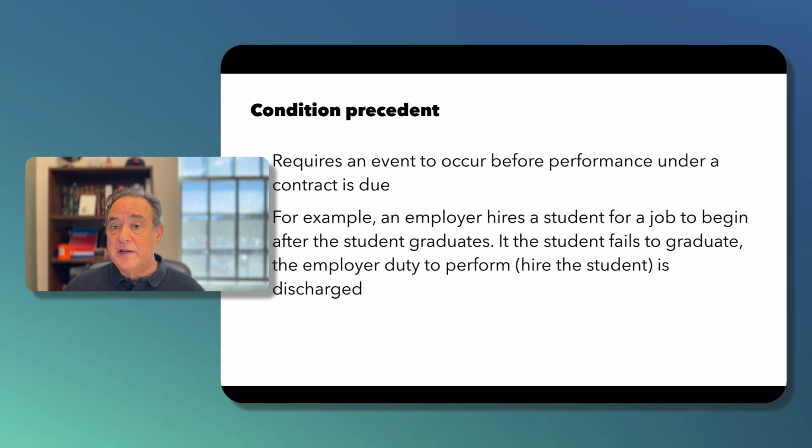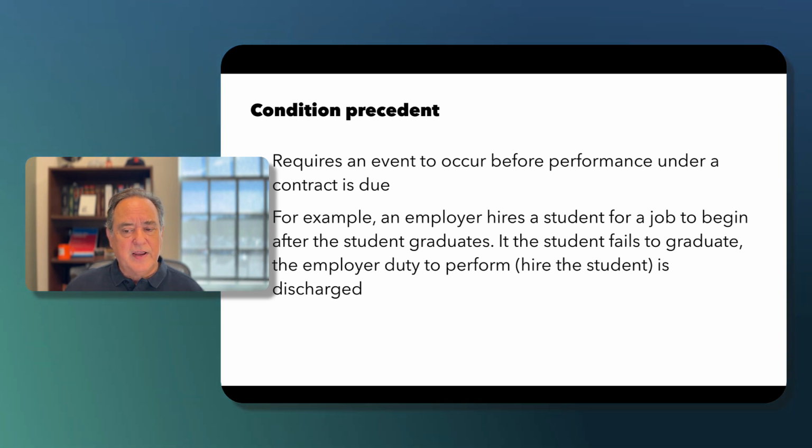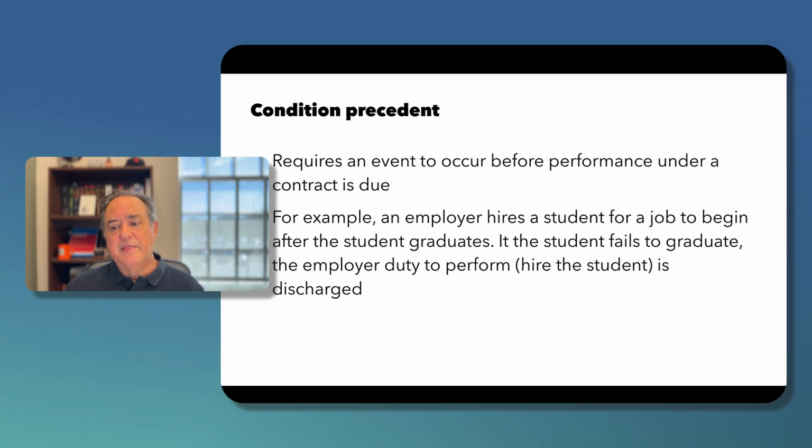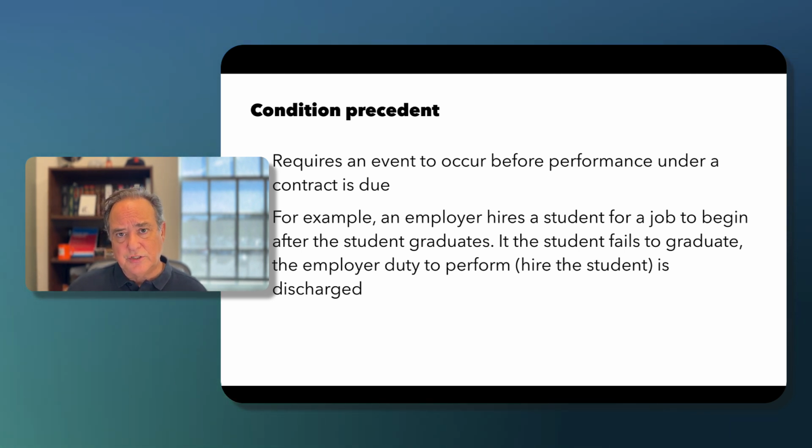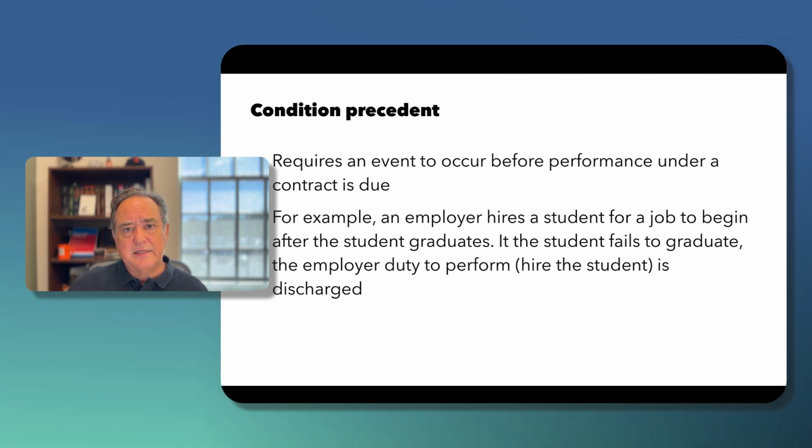Nevertheless, graduating from college is a condition precedent. And if for some reason the student fails to graduate, then the employer's duty to perform, which is to say hire the student, is discharged. The condition precedent was not met, and therefore the employer was under no obligation to fulfill its performance under the contract.